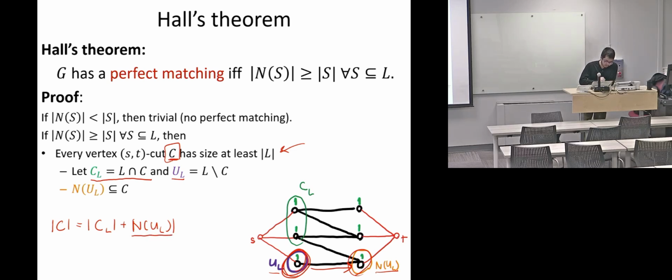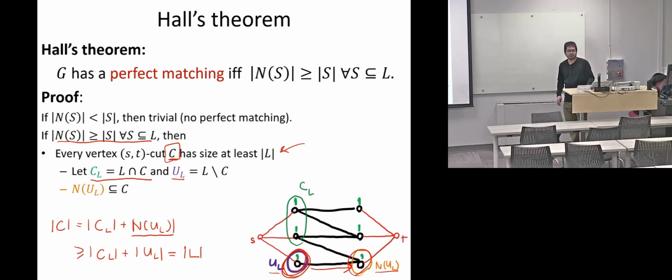But what is the size of the neighbor set? Well, by this assumption it's at least the size of U_L. And C_L plus U_L is everything in L. So any vertex cut has size at least L. Okay, so we're done. We proved our theorem.